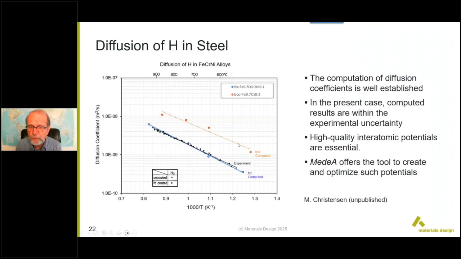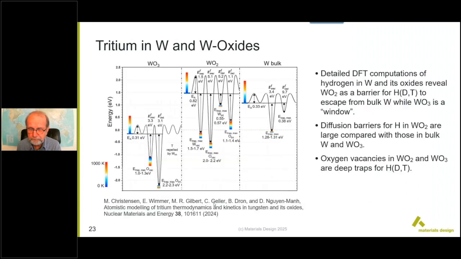And of course, if you go to BCC, so ferritic steels, in this case an iron-chromium steel, diffusivity is much higher. So again, we have a tool at hand to understand the diffusion of hydrogen, deuterium, tritium, and other elements in matrices.